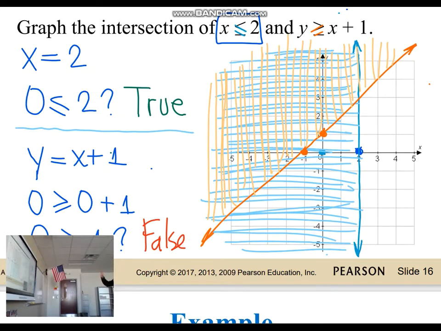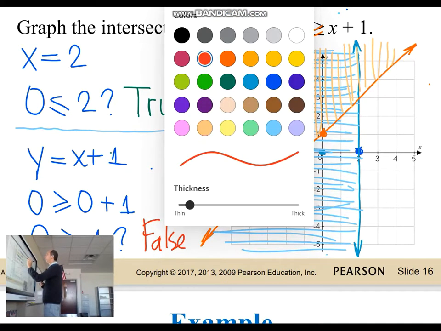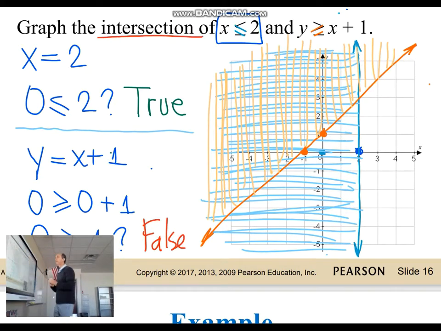And now just take some distance, look at the graph, and think about, we are talking about intersection. We want to find the intersection. Intersection is and. That means we need to find the area that has the colors blue and orange. Both colors. The intersection is and. So we need the area with color blue and color orange.